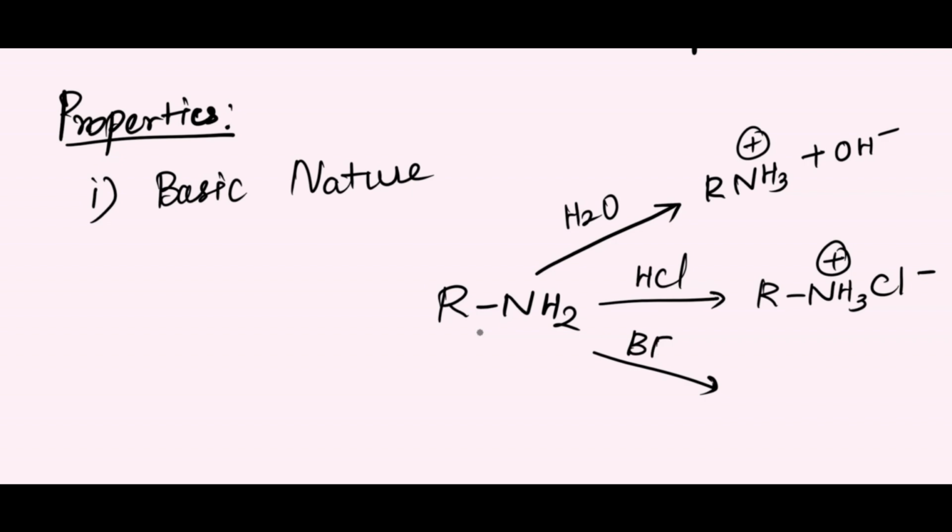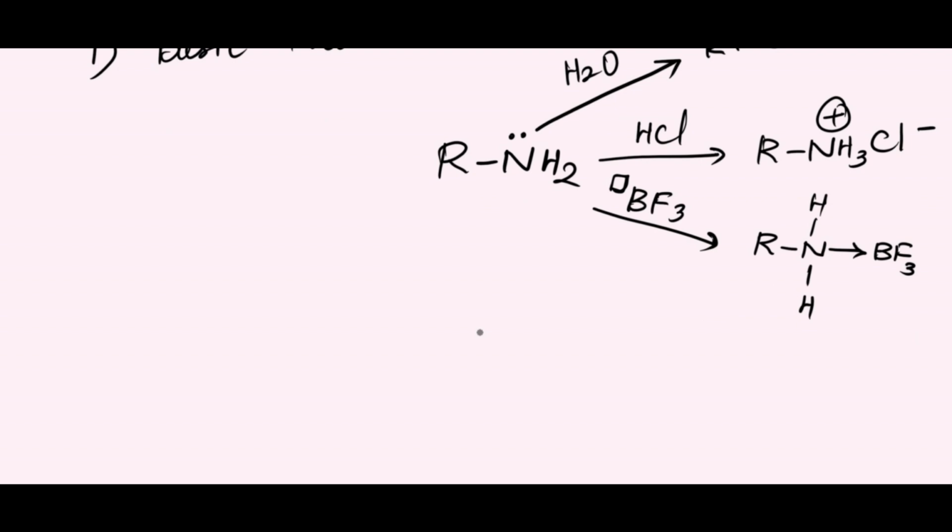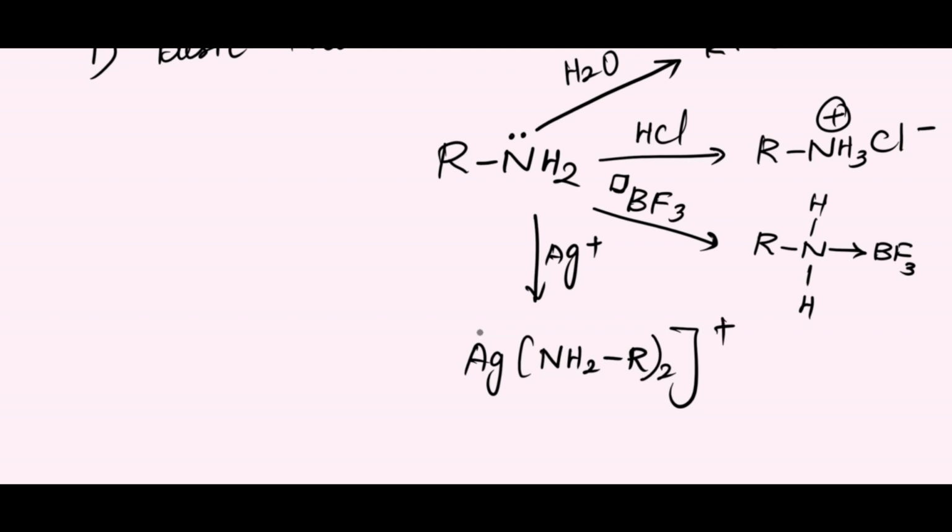With BF3, I told you nitrogen has a lone pair and BF3 has a vacant orbital. So it will give you R, N with remaining hydrogens, and there is a coordinate bond forming between nitrogen and BF3. And with Ag plus it can give you the complex Ag(NH2R) twice with plus charge. That is a coordinate complex.